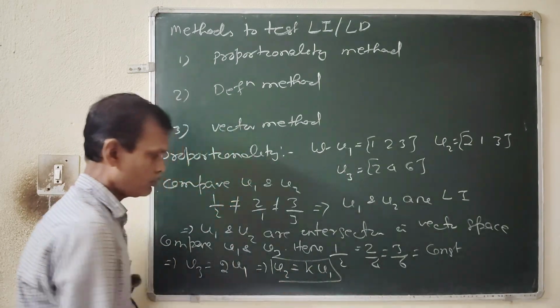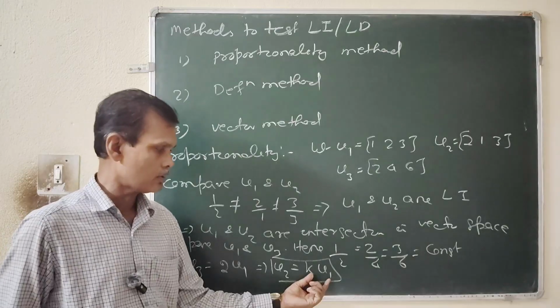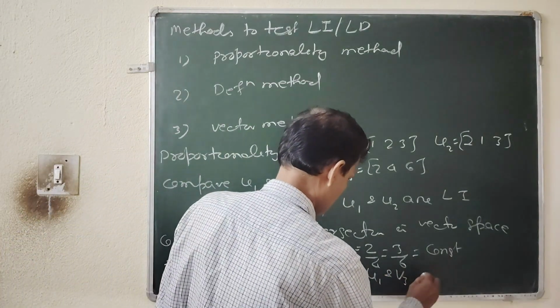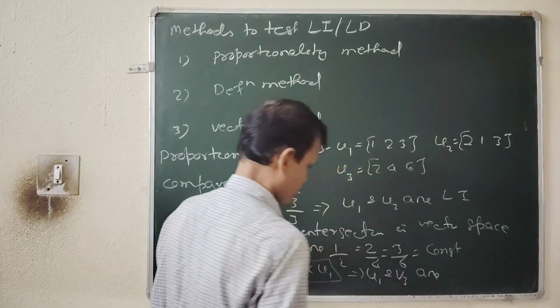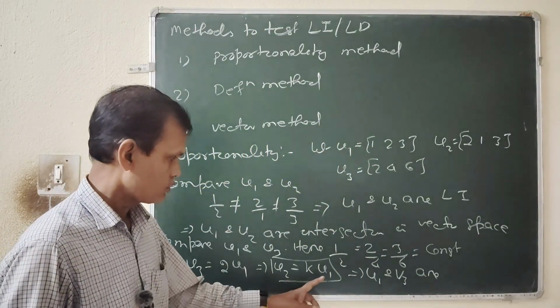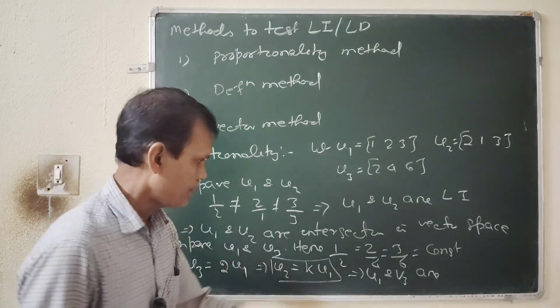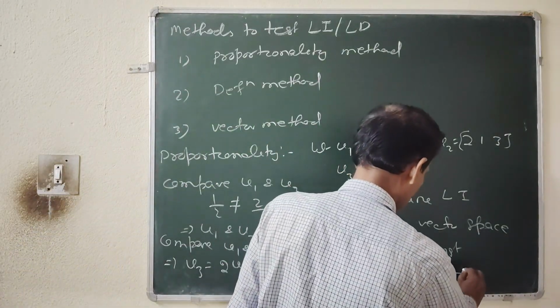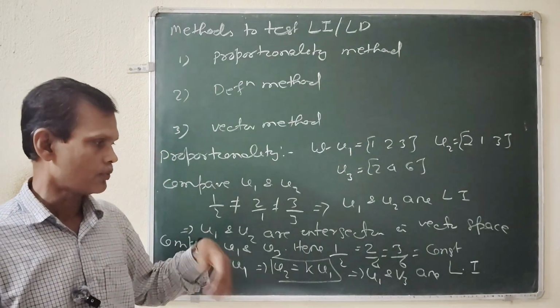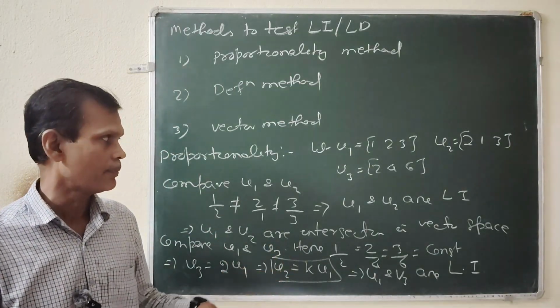When we are able to write a vector as a constant times another vector, v3 equal to k v1, so that implies v1 and v3 are linearly dependent. So when one vector is proportional to the other, that indicates linear dependence.